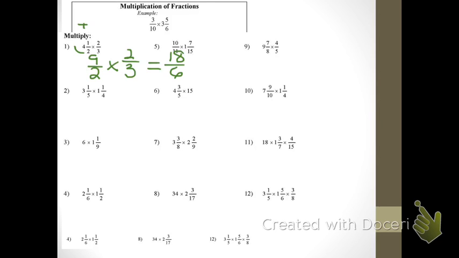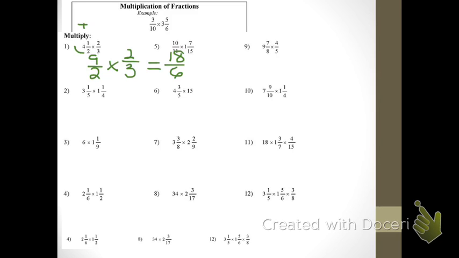Now if you remember from class, I talked about in most cases when you do convert mixed numbers to improper, you end up with an improper answer, and that is improper because 18 is higher than 6. And I also said, if you remember, if the numerator is a multiple of the denominator, then you're going to end up with a whole number as the answer.